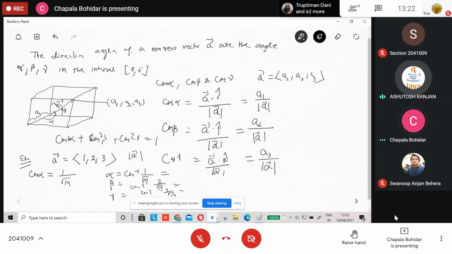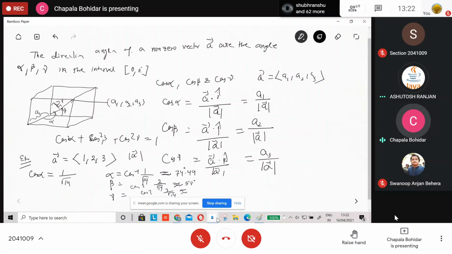Ma'am, alpha is 74.49 degrees. Okay, 74.5. You have to write nearly equal to, not equal to. Then beta is 57.68, okay, 58 degrees.